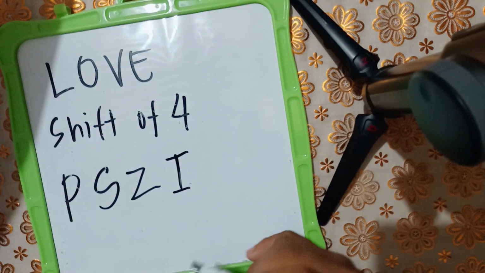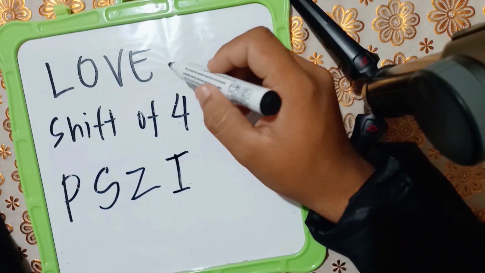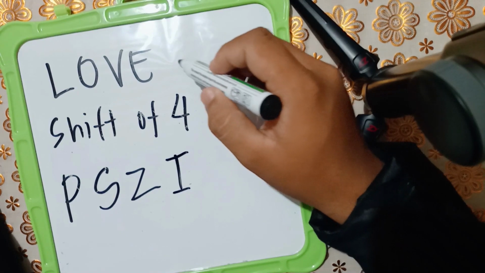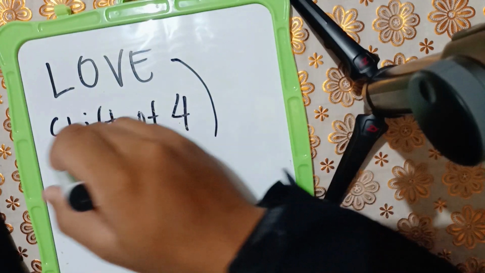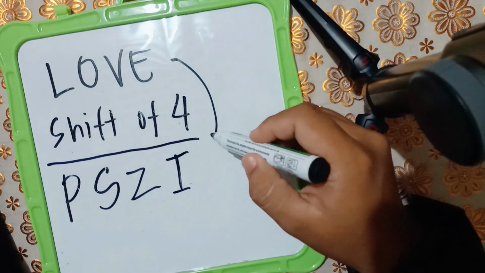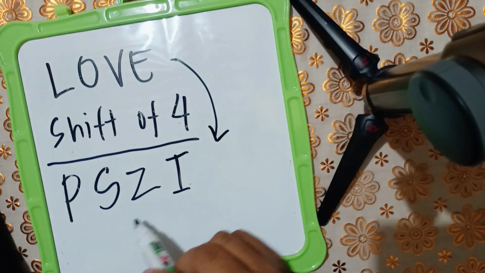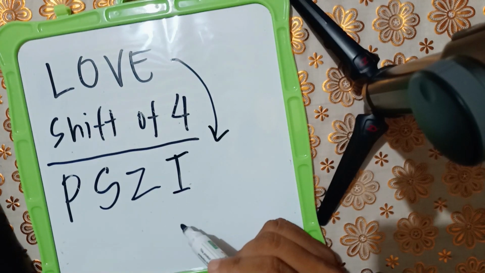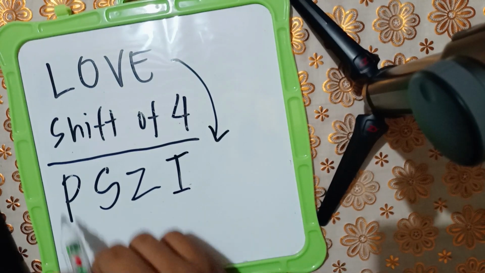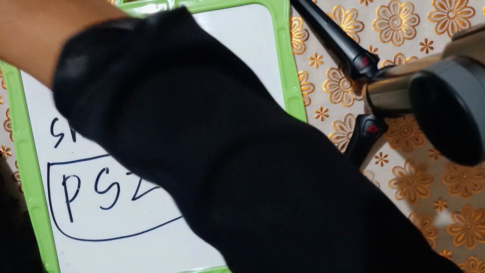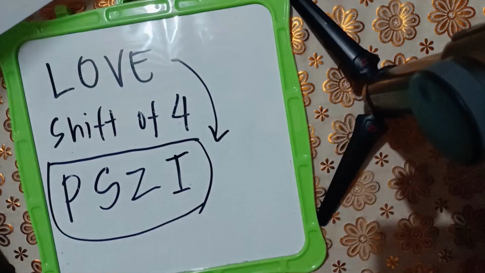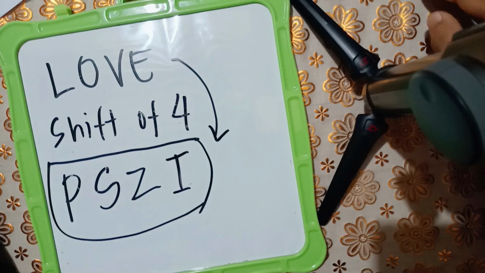And now, the encrypted letters for LOVE using the key shift of 4 in shift cipher is FSZI. So normal people can't understand what it means, not unless they decrypt it. So now we're going to do the decryption using the decryption key.